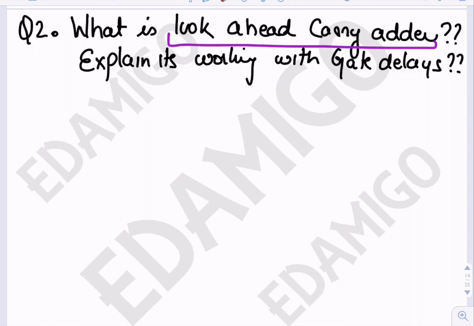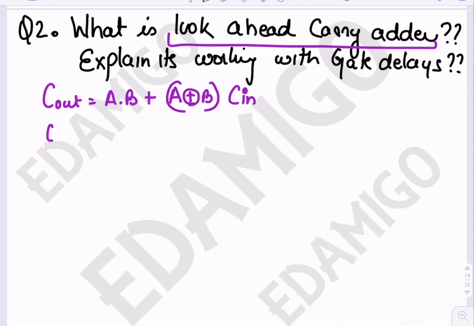Okay, now as we know that the formula of carry output is equals to A into B plus A XOR B into Cin. Okay, so C0 is the input carry.